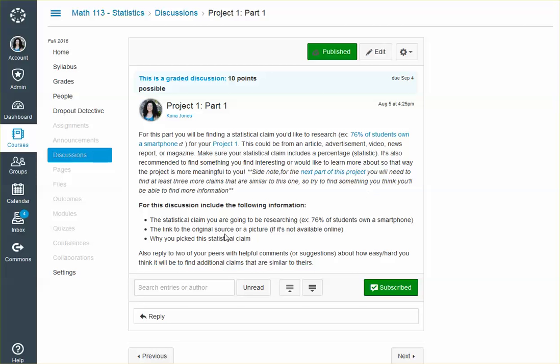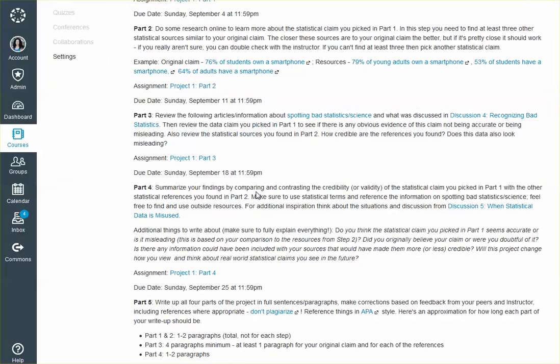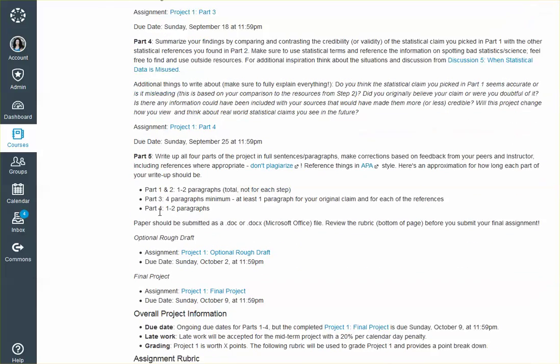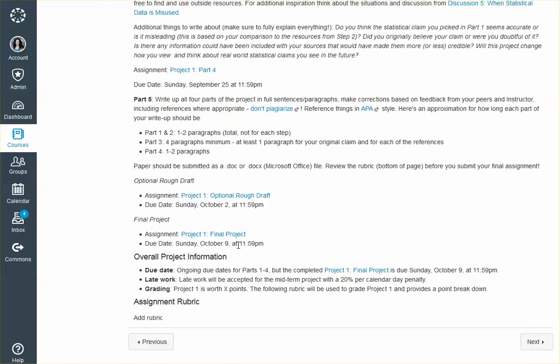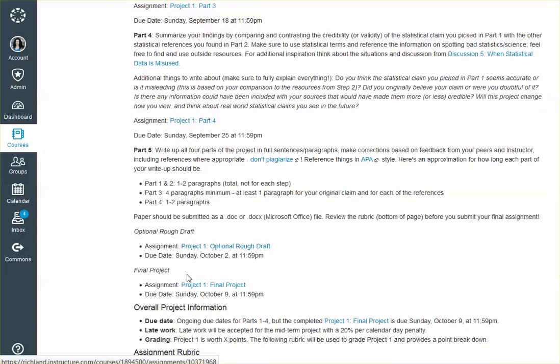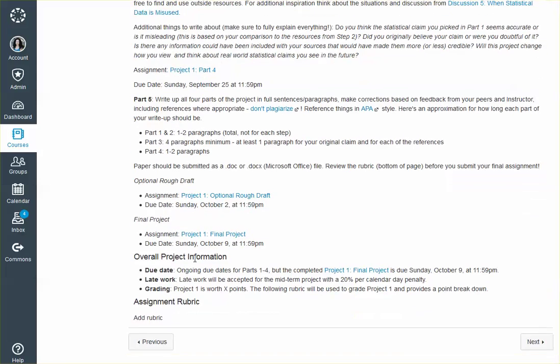So the statistical claim, the link to the original source or a picture, and why you picked this claim. And then you'll be replying to your peers about what they found. This is the very first part of a multi-part project. We've got 5 parts plus your actual final project.